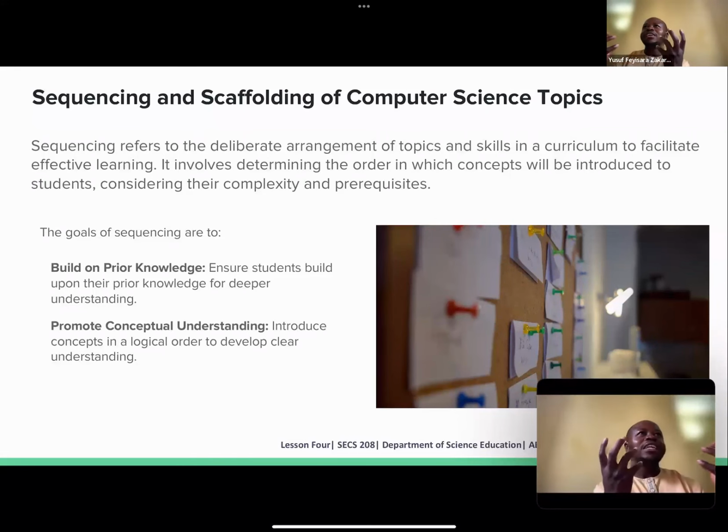Okay? So when we say conceptual understanding, we are talking about the linkage between different concepts in your brain for you to see, okay, I can see how the quadratic formula is related to programming in Java, for instance, because you need the formula from the quadratic equation to write a program on solving simple quadratic equations.